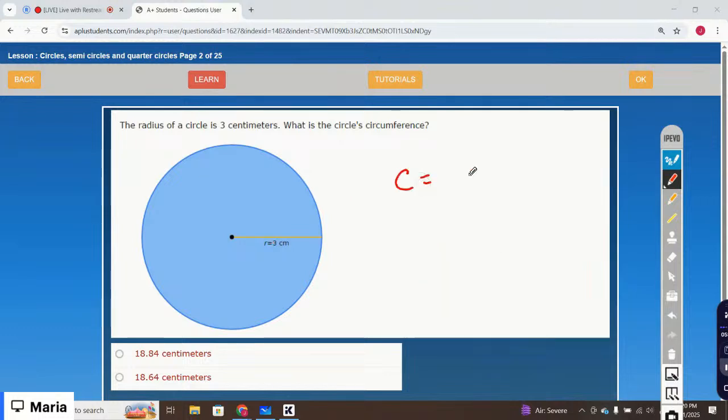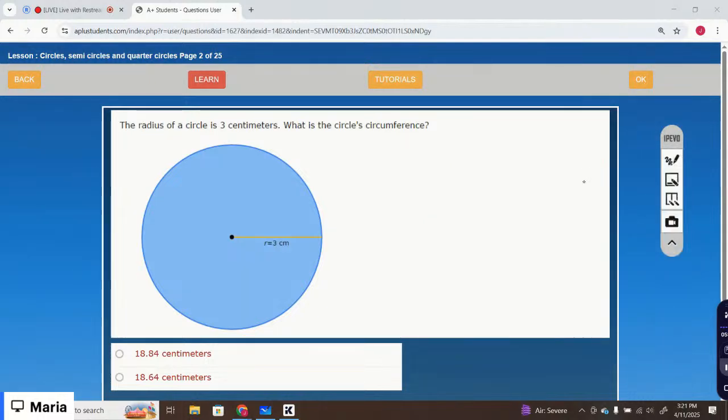The circumference of the circle is 2 pi r. Pi is 3.14 and radius is 3. So 2 times 3.14 times 3, that is 18.84 centimeters. Option number 1 is the correct option.